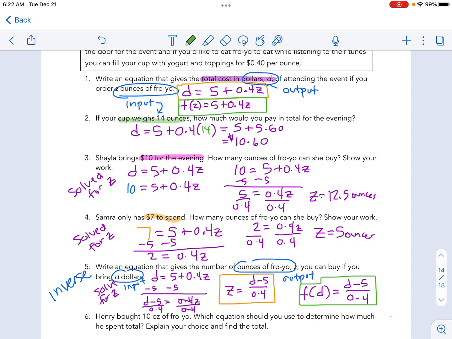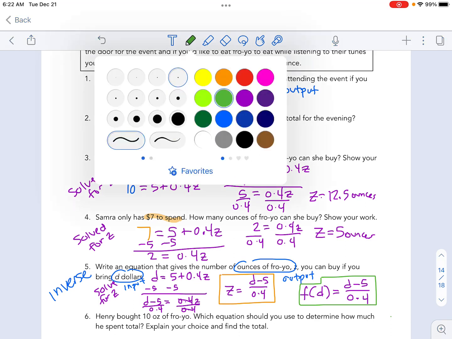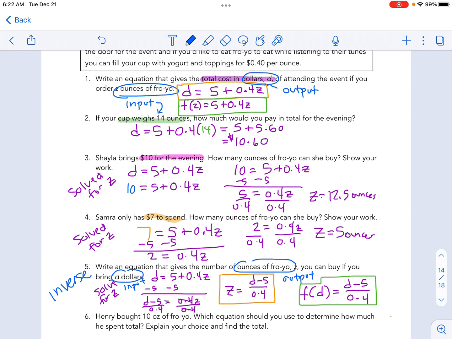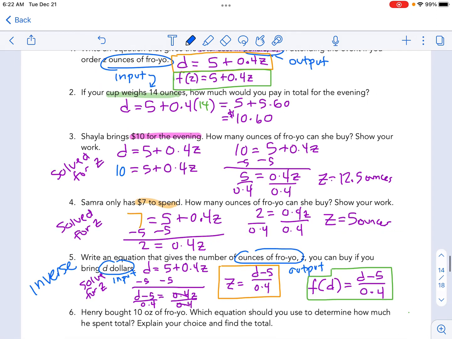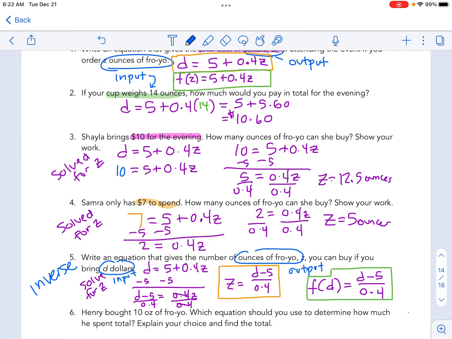And so if we look at this from an input-output perspective, using our function notation, now I'm kind of big picture here, right? I'm going back to question 1. We can say, well, our output is dollars, our input in question 1 is ounces. So let's go to, I think 3 here.